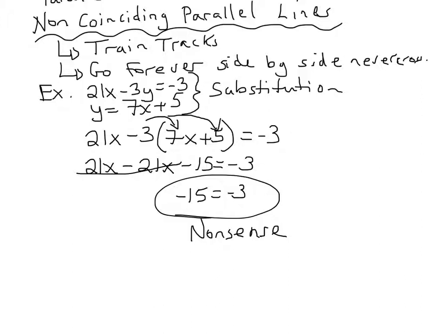It does not make any sense. You know that your two lines were non-coinciding parallel lines. The other way to look at it is there's no x's or y's left. You haven't solved for anything. Normally the whole purpose is to figure out what x equals and then use that to figure out what y equals. Well, your x disappeared on you.